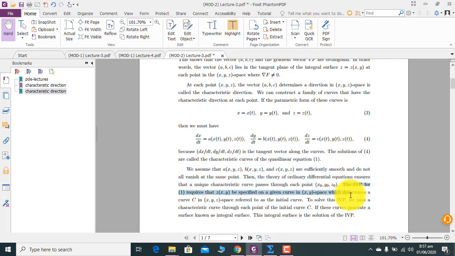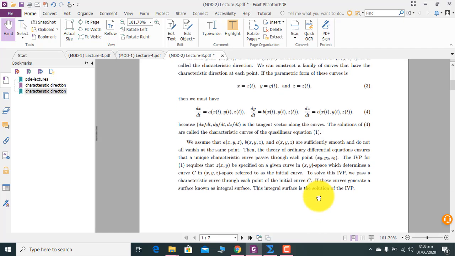So for the initial value problem, I have not defined the initial value problem for a quasi-linear partial differential equation, but any initial value problem will have a solution which exists and is also unique. But I have written this only for you to understand and to build your knowledge that this system indeed has a guarantee.